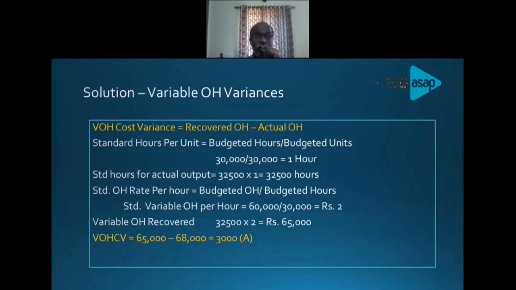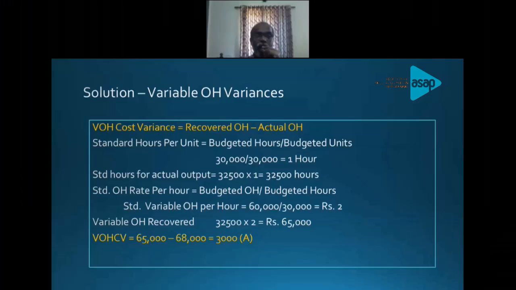In the question, we are given the actual output. Actual output is given as 32,500 units. Our standard time is 1 hour per 1 unit. So standard time required for producing 32,500 units is 32,500 into 1, that is 32,500 hours.